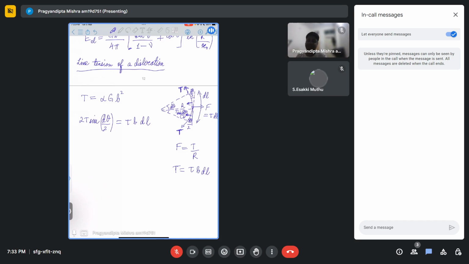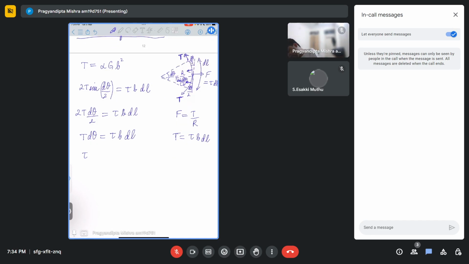But since theta is very small, I can change sine d theta by 2 to be equal to d theta by 2. So 2T d theta by 2 will be the final expression. That is equal to 2B dl. Or I can rewrite it as T d theta will be equal to tau times B dl. So this is my expression.